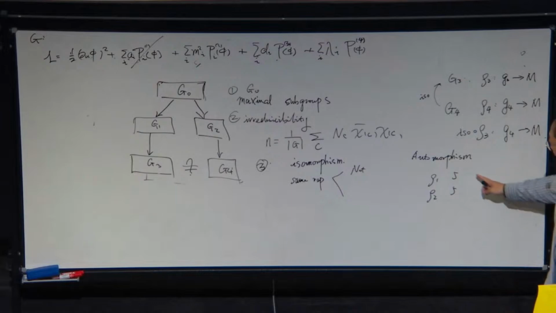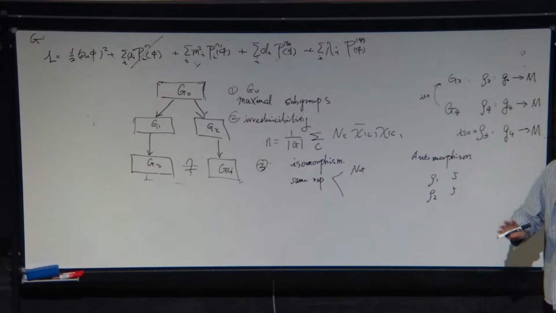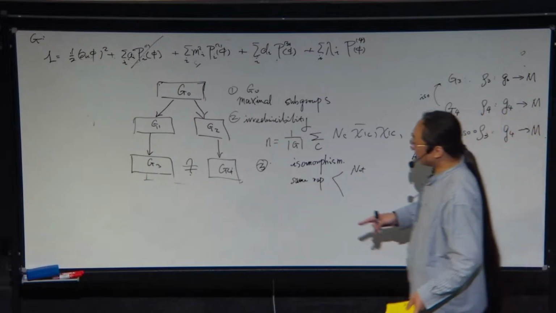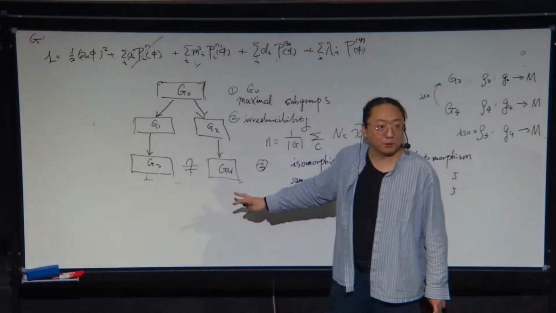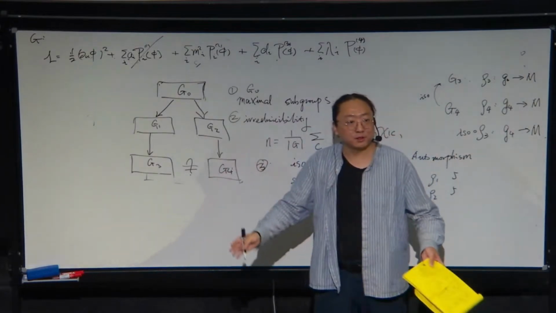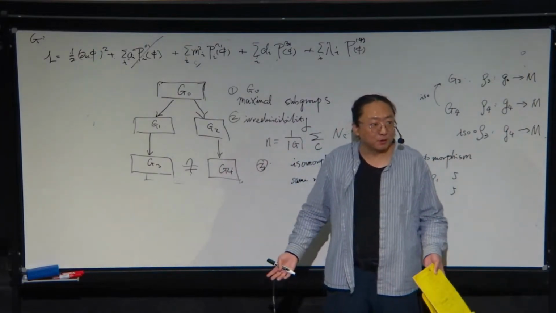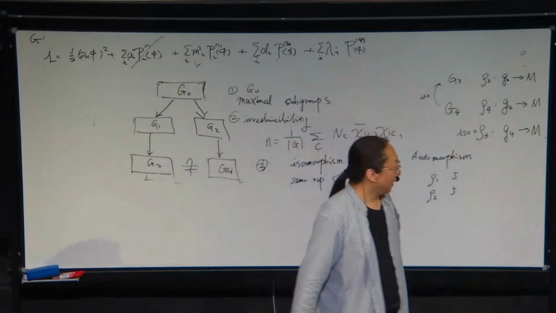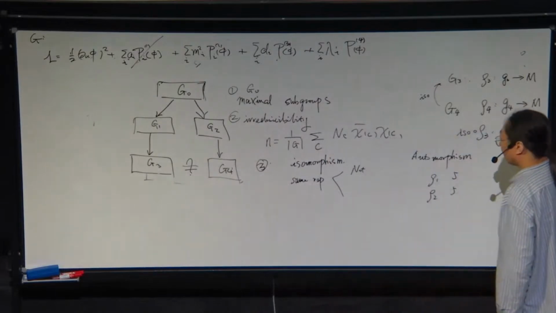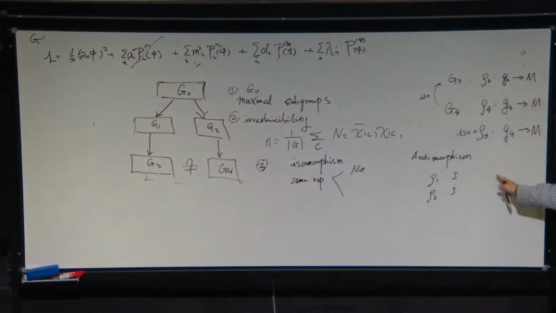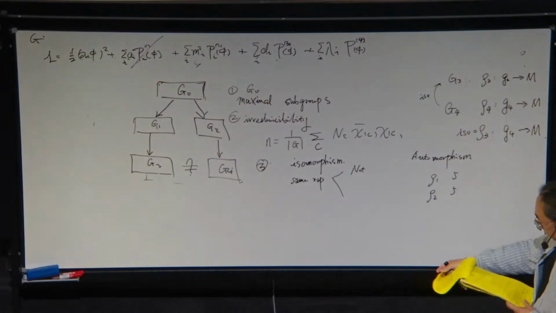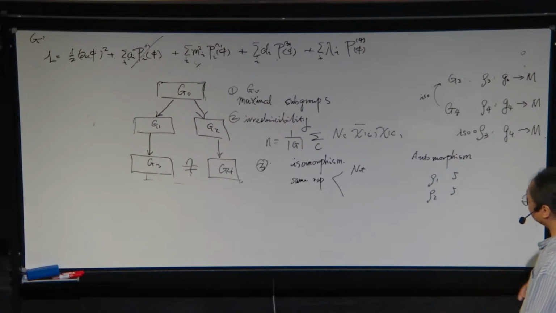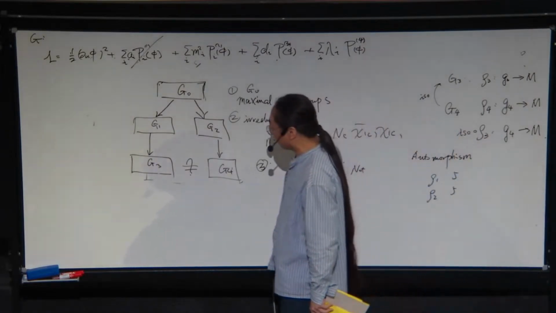So even though two representations are different in the representation theory sense, they might be related by an automorphism. Remember, I said these groups are just a set of matrices. When I reshuffle these matrices, I'm not going to get a new group. I'm going to get the same group. So you have to take into account this automorphism, and this is the important starting point in our classification. After taking this into account, you really have a list of irreducible groups.